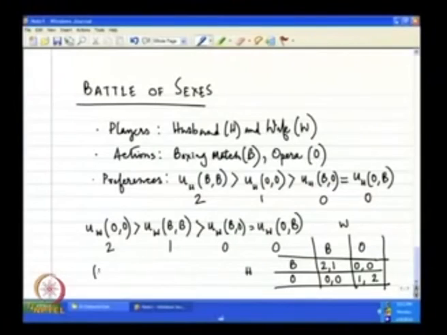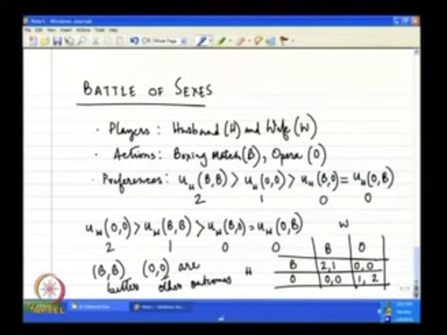So, they agree that BB or OO are better than other outcomes, that is OB and BO. There is no disagreement regarding that. But they are in disagreement as to whether BB is better or OO is better. From the point of view of the husband, BB is better than OO, and from the point of view of the wife, OO is better than BB.